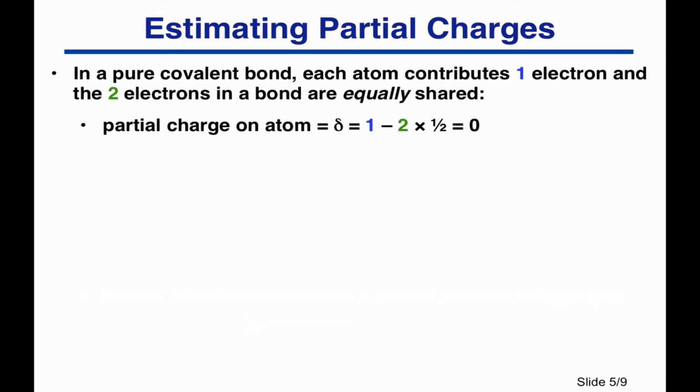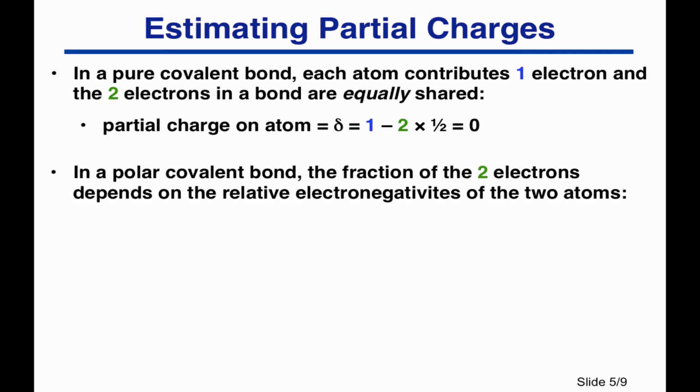Now we can estimate these charges. In a pure covalent bond, each atom contributes one electron, and the two electrons in the bond are equally shared. So there's no charge on either atom. They start off with one electron, and they end up with half share of the pair, and so the partial charge is 0. But in a polar covalent bond, the fraction of those two electrons that are on each atom depends on the electronegativities of the two atoms.